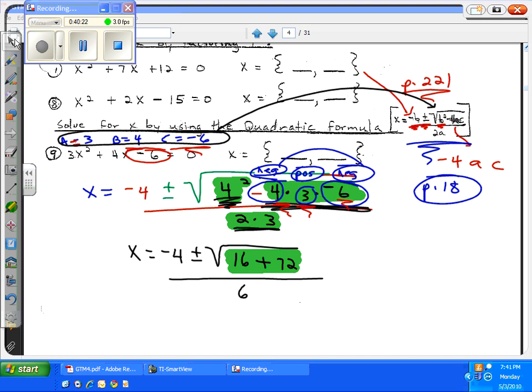And so we will have x is equal to negative 4 plus or minus the square root of 16 plus 72 is 88, all over 6.